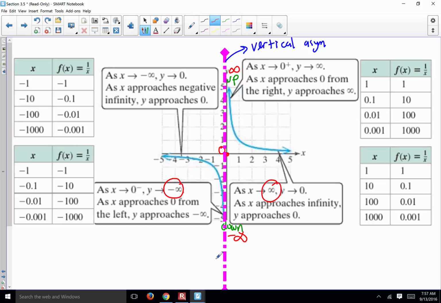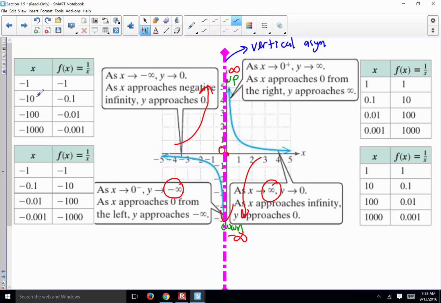Sometimes both left and right go up. So your function can go like this, both sides up, or sometimes both sides down for some other functions. So you have the option, either you go up or down, but you never cross it. Crossing is not allowed because you get fried, okay? Got it?